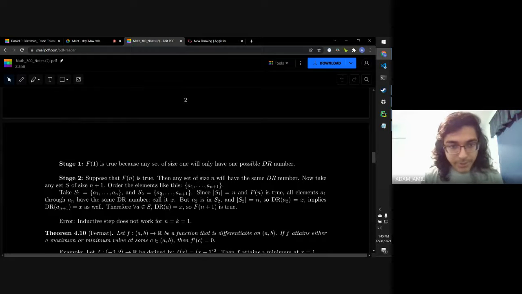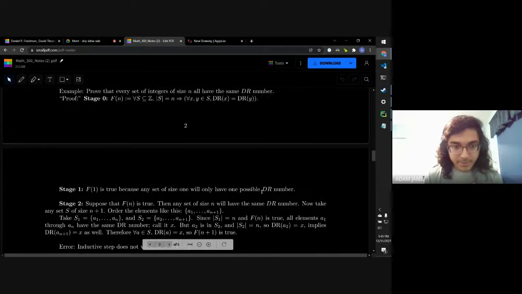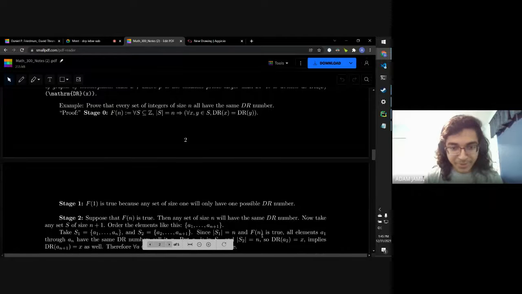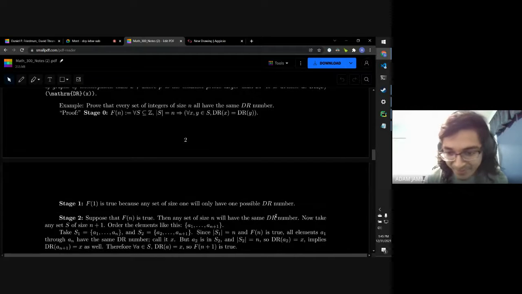So we know that S1 has n elements in it very clearly, and f of n is true. So all elements in S1, let me make sure I don't show the error. Let me not spoil it for you. All of these guys have the same dr number because f of n is true, and this set is of size n.